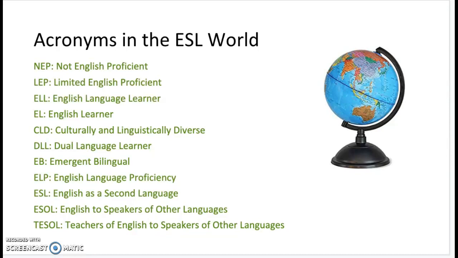NEP, not English proficient students, LEP, limited English proficient, ELL, EL, CLD, culturally and linguistically diverse, DLL we mentioned, EB we mentioned, ELP, English language proficiency, so this is referring to their level of proficiency in English. ESL, you're familiar with, ESOL, English for speakers of other languages, and then TESOL, teachers of English to speakers of other languages.